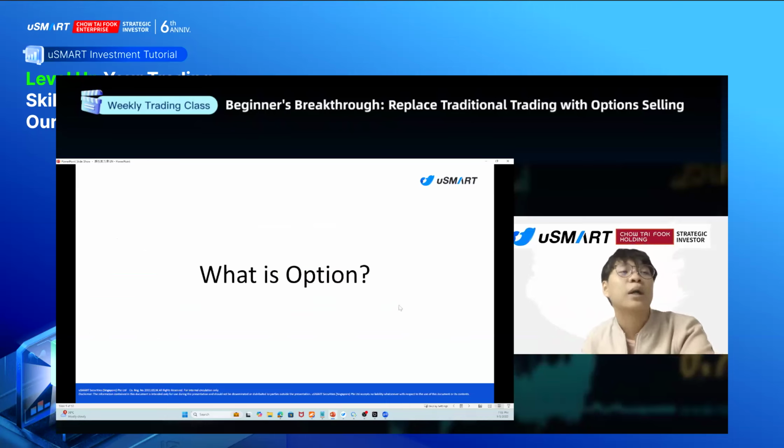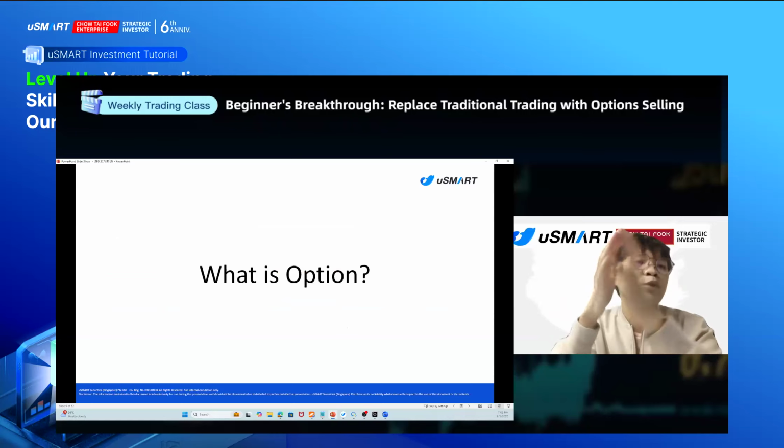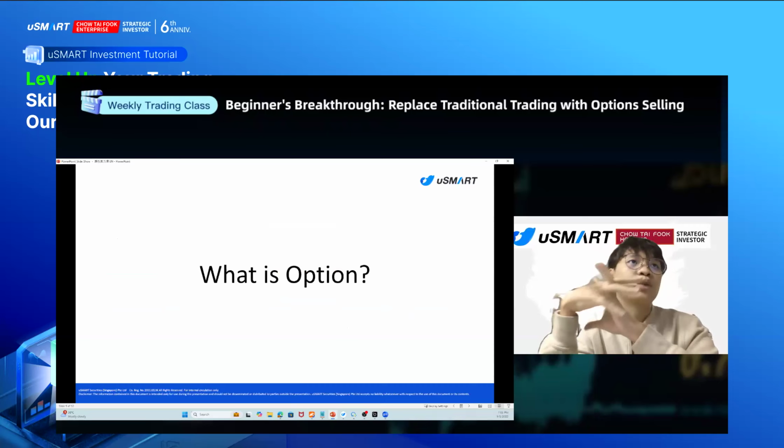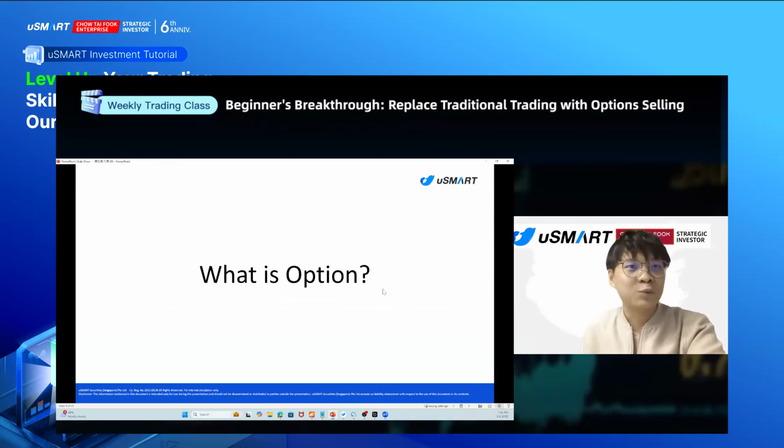Let's talk about what an option is, because I think many of you don't know what an option is. Before we go into option selling, we need to think about what an option is first. This will be a very lengthy section, and I hope I can explain it in a very detailed manner so that every one of you can understand from A to Z.